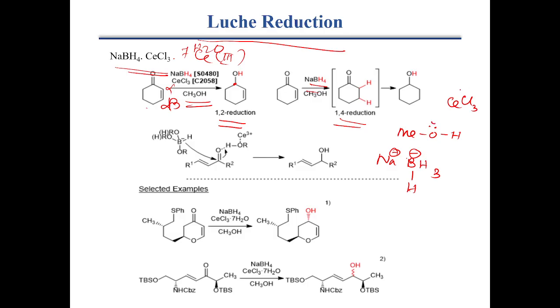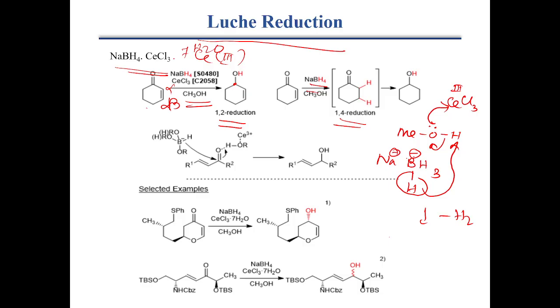As cerium is a Lewis acid with a +3 oxidation state, it coordinates with the methanol and one of the hydrides attacks the methanol. So this forms methoxide ion, and minus H2, hydrogen gas, will leave. So it is formed.